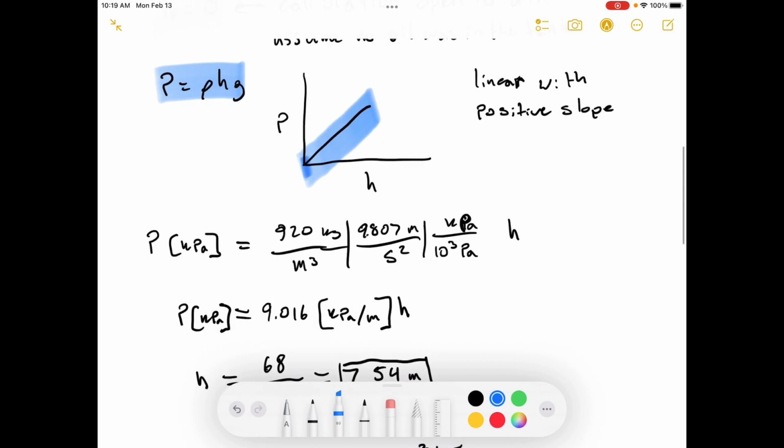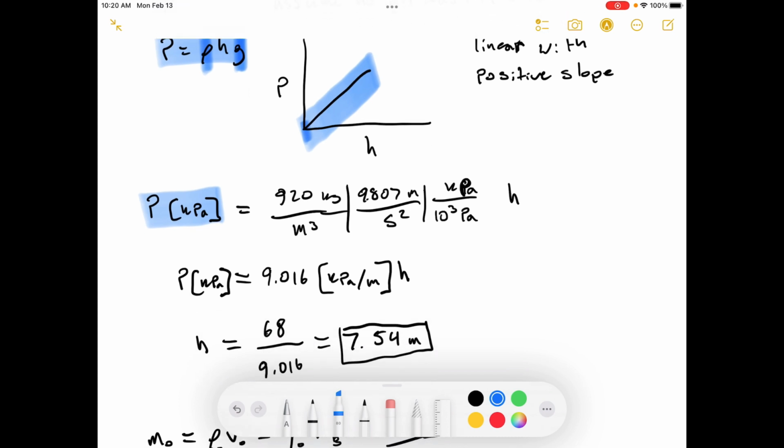Okay, so we can turn this into an empirical relationship where we've got our pressure in kilopascals. Well, then we can combine our density and gravity terms together to just form an empirical number that has a unit of kilopascals over meters, and then when we multiply the tank height by that, we'll get a certain pressure in kilopascals.